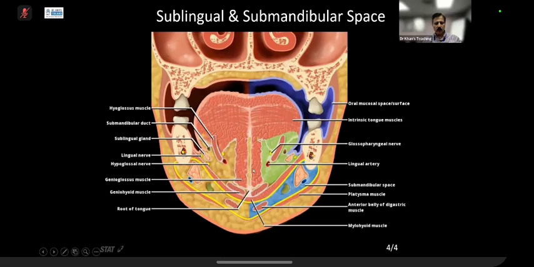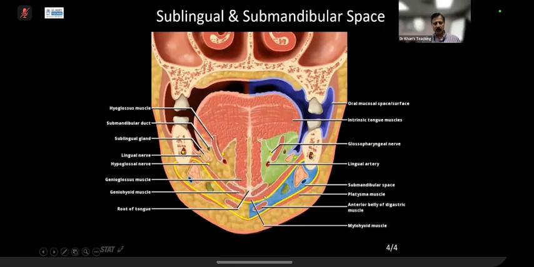Now, two muscles should be in your vocabulary. One is this genioglossus. You see this? Genioglossus. Another one, hyoglossus. But if you concentrate here, look at this sling. This sling is the mylohyoid muscle. Now, here is another muscle, a favorite part 1 anatomy exam muscle, the anterior belly of the digastric muscle, which is in the submandibular space.